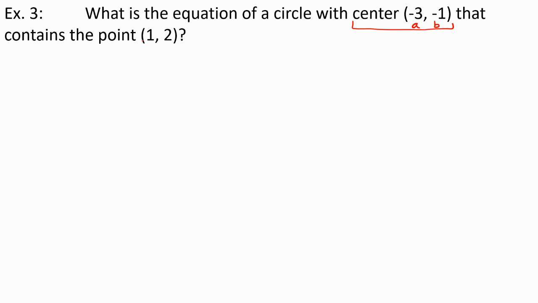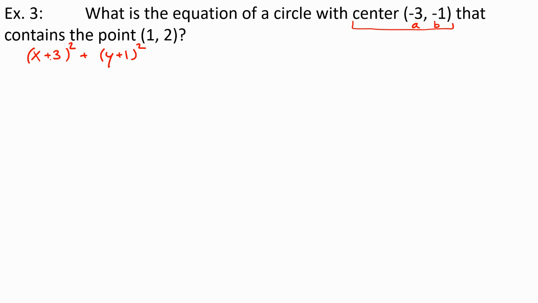Now, there's actually several ways I think we could go about solving this problem. Our issue at this point is really all we need to know is the radius. Let's start writing our answer. We know the center, so we can say (x + 3)² + (y + 1)².